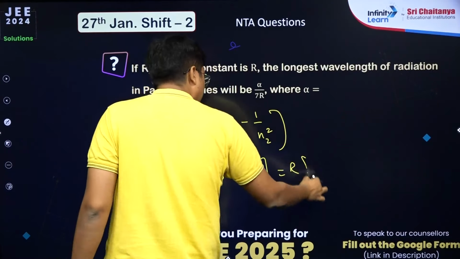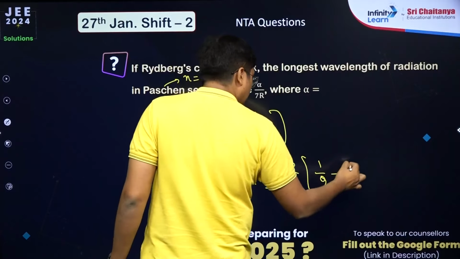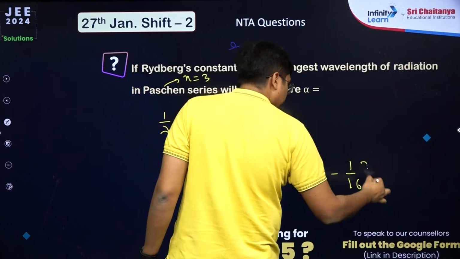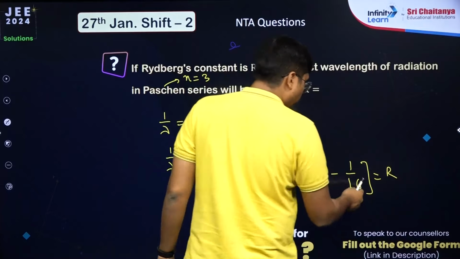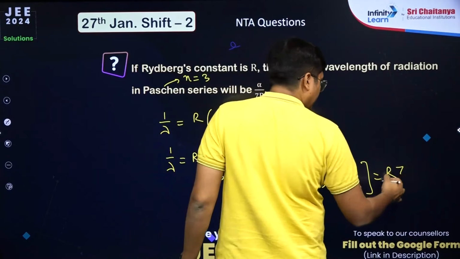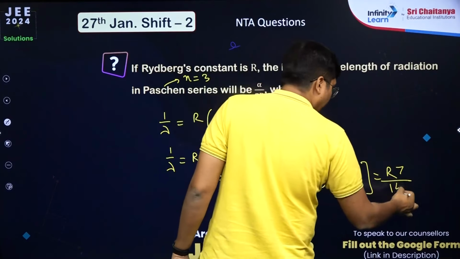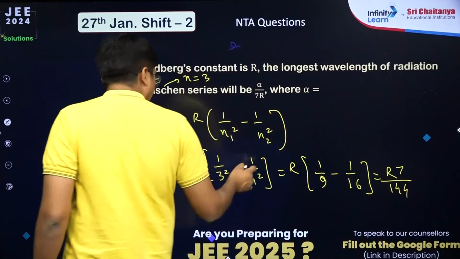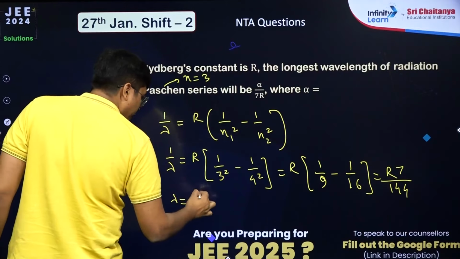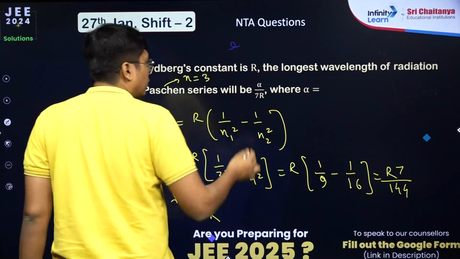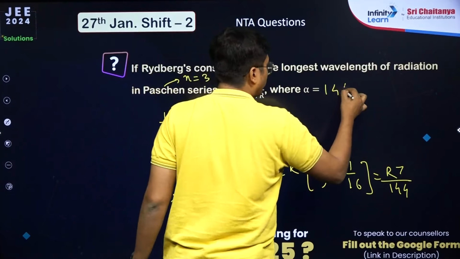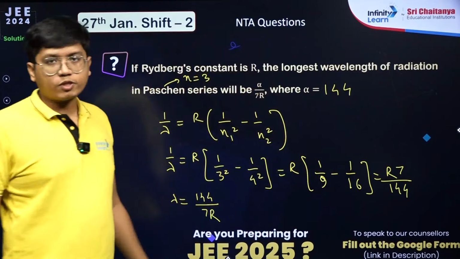So that is R into 1 by 9 minus 1 by 16. That makes this R into 16 minus 9, that is 7, divided by 16 into 9, that is 144. So 1 by lambda is this. So lambda is 144 by 7R. So alpha over here is 144. That is the answer for this question.